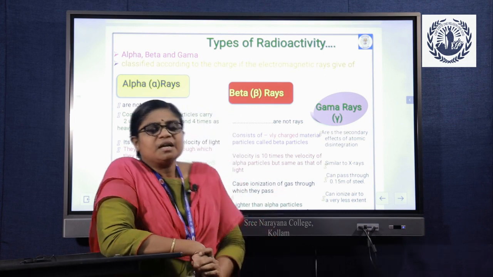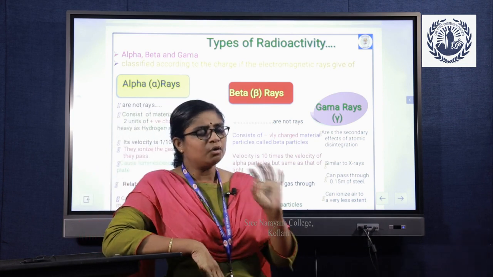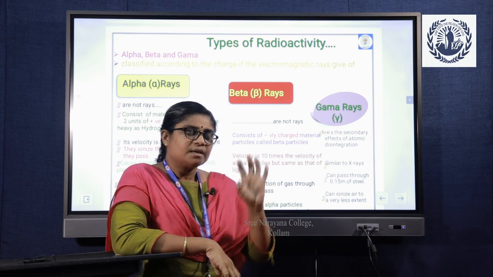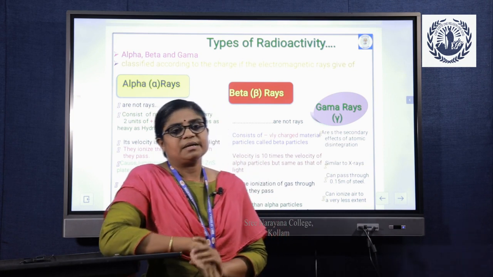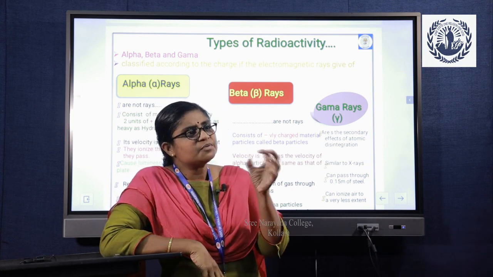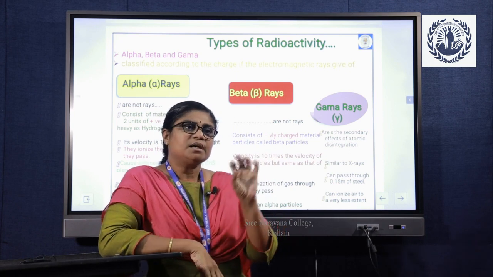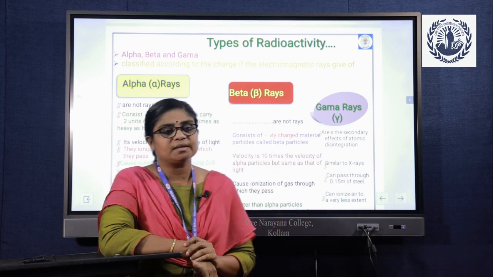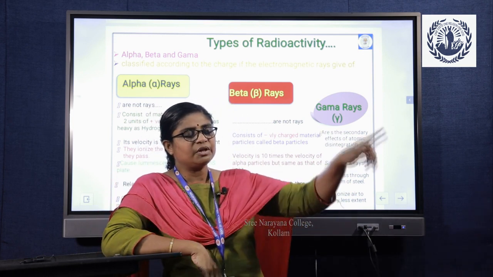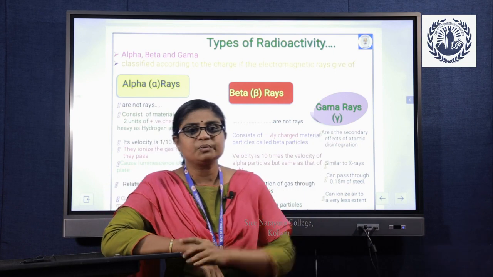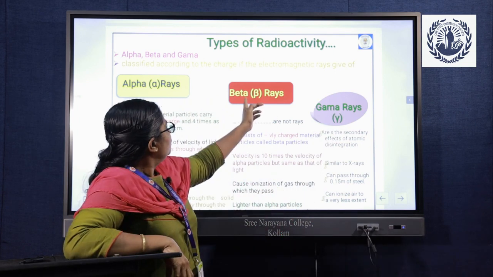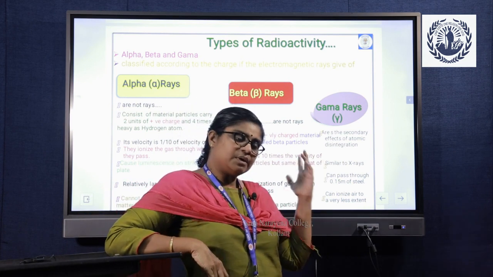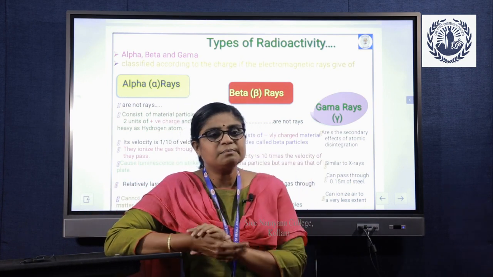Now you people will wonder why. I have already told you that radioactivity is a nuclear property, right? It is from the nucleus, and we know that inside the nucleus we have neutrons and protons only, and electrons are revolving around the nucleus. But we said that beta particles or beta rays are nuclear emissions, that is, they are simply electrons.